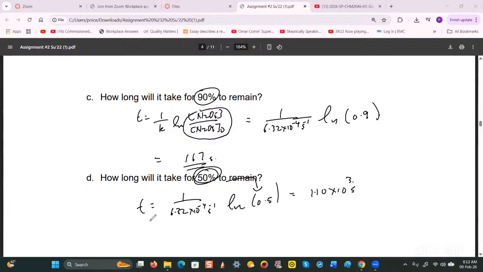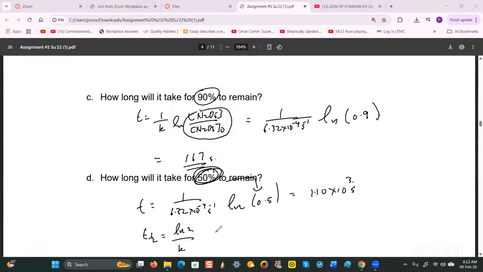But there's another way of doing it, and that is using what is called the half-life equation, because the half-life, by definition, is the time taken for the concentration of the reactant to be reduced by half. In the case of a first-order reaction, the half-life equation is ln2 over k, right?